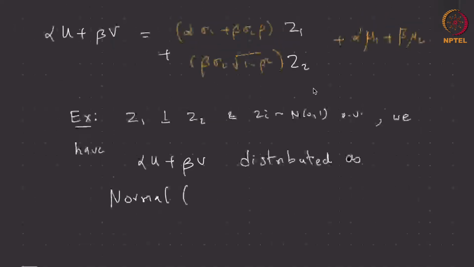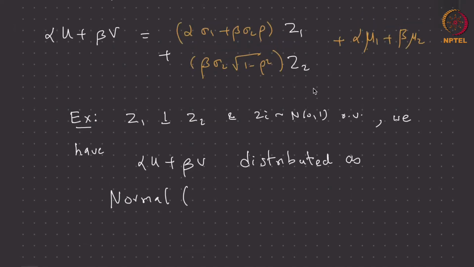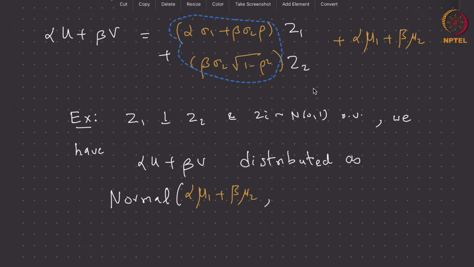The means of Z1 and Z2 are 0, but you're adding a constant. So this is what the mean of the new random variable will be. So it's normal with this mean. And what's the variance going to be? The variance will be the square of the other two terms, so the square of this plus the square of this. So I'll copy that down here and paste it.